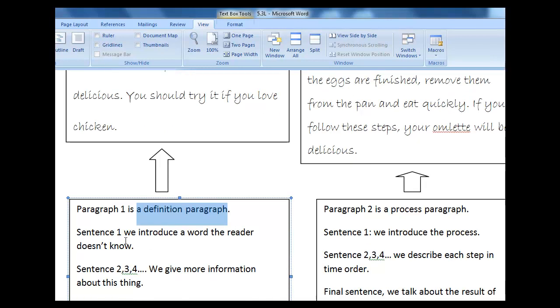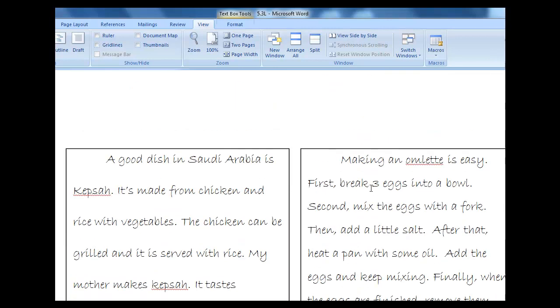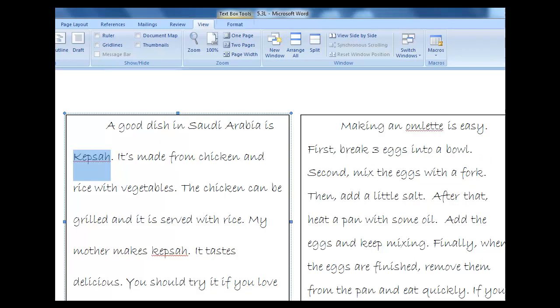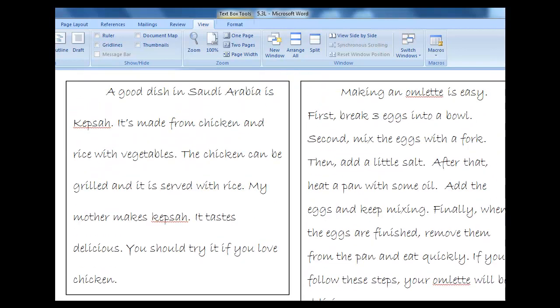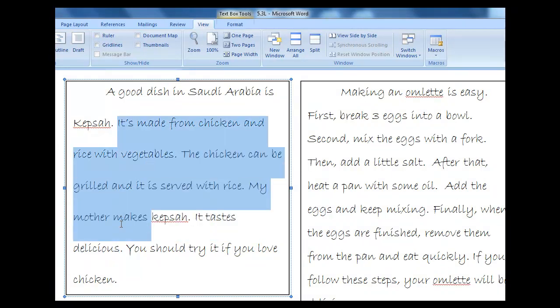And for a definition paragraph, in the first sentence we introduce a word. Here we have kebsa. It's a strange word in English. We don't know what it means. So in the next sentences, 2, 3, 4, we give more information. So what is kebsa? This is kebsa. My mum makes kebsa. It tastes delicious.